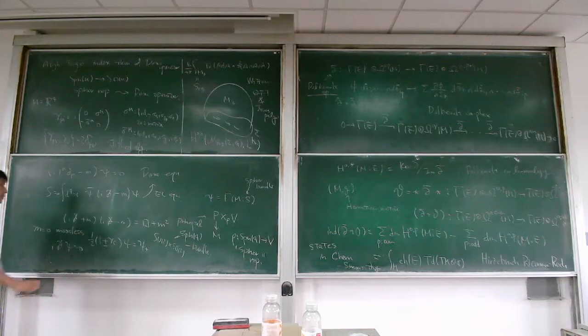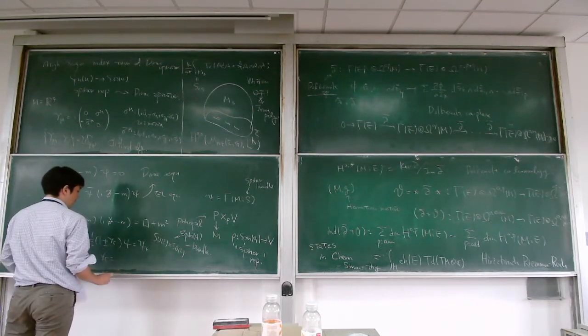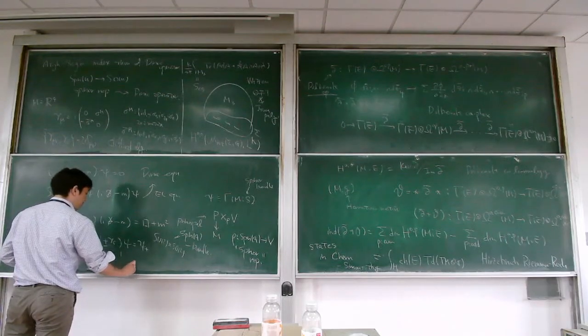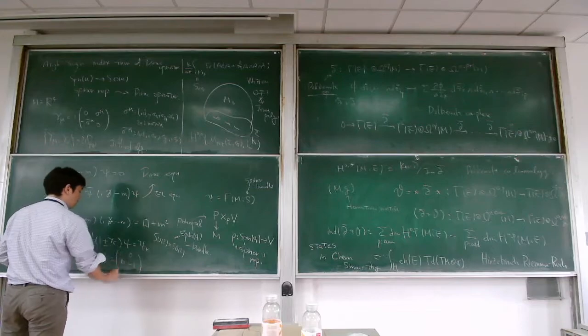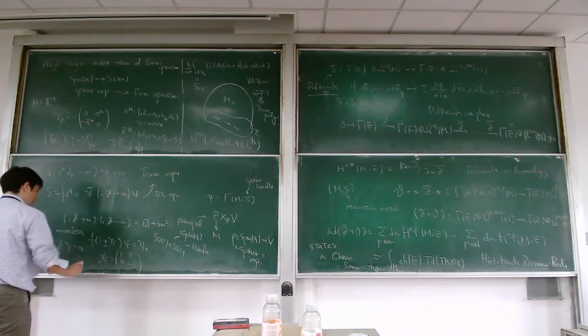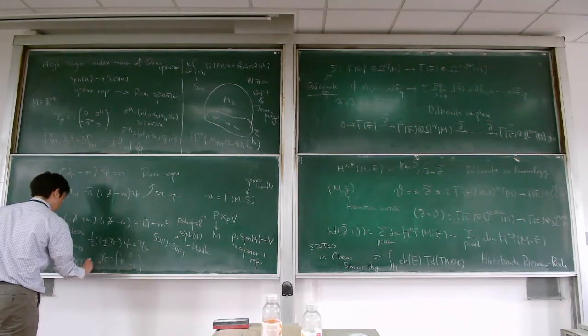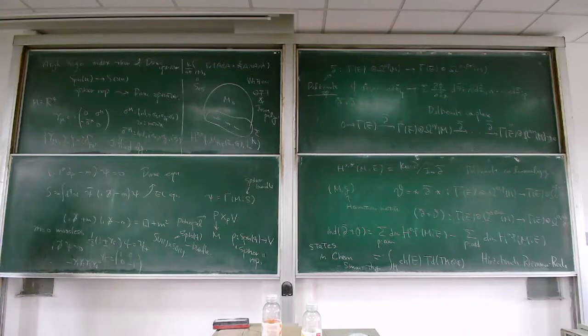So gamma 5 is a chirality operator. Gamma 5 can be understood as, maybe, 1, minus 1, which is equal to minus gamma 1, gamma 2, gamma 3, and gamma 4, where gamma is just the matrix I defined here.